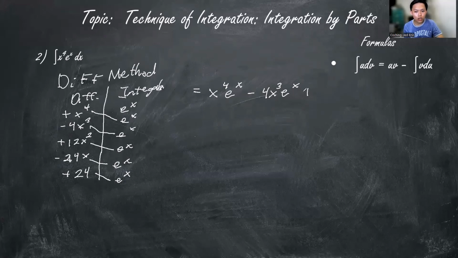And the next one is 12x raised to 2 times e raised to x, and then minus 24x e raised to x plus 24 e raised to x.